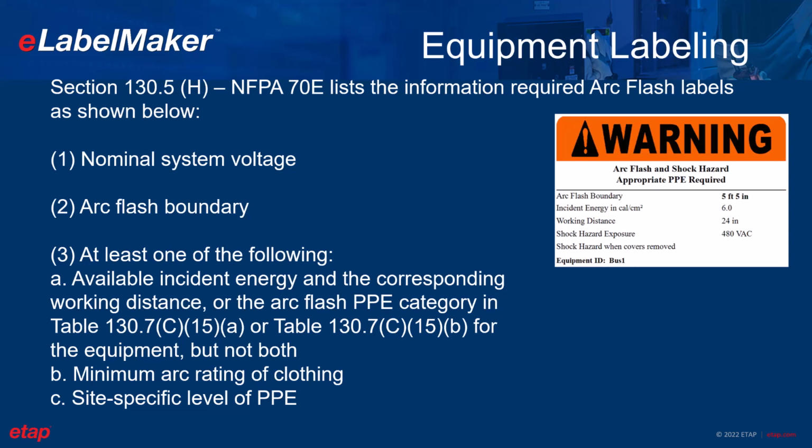Different incident energy values would obviously have corresponding safety symbols that illustrate the risk involved in that particular equipment. So that opens up a challenge for creating different arc flash label templates and meticulously showing the incident energy analysis performed by ETAP.